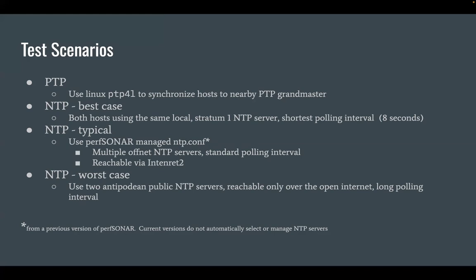For the NTP worst case, I found 2 Antipodean public NTP servers that were reachable only over the commercial internet. And I set the polling interval to be fairly long. I think it ended up being 1,024 seconds. I think the servers I ended up using, one was in New Caledonia and one was in East Africa, maybe.